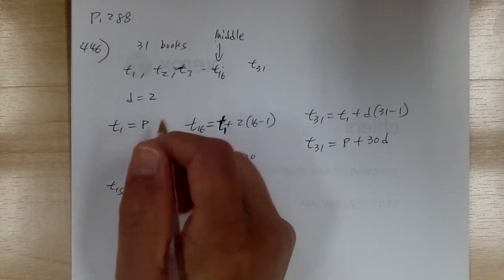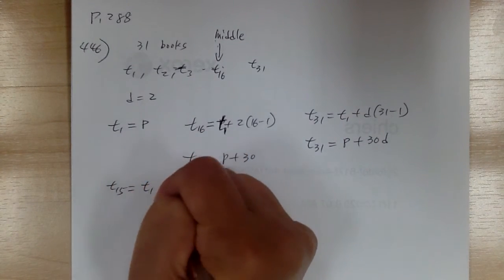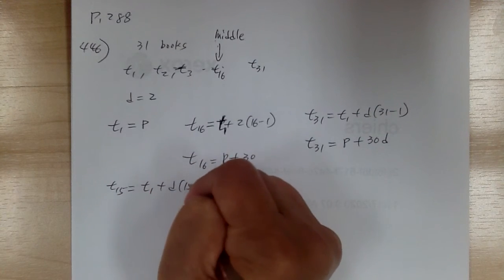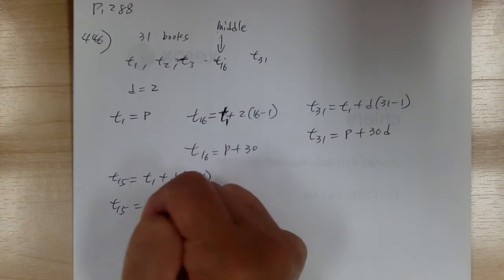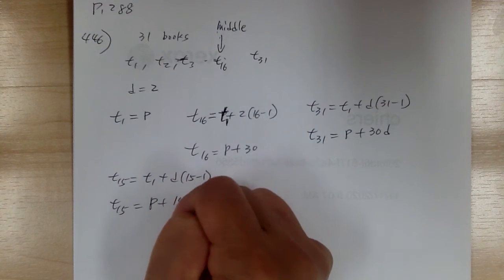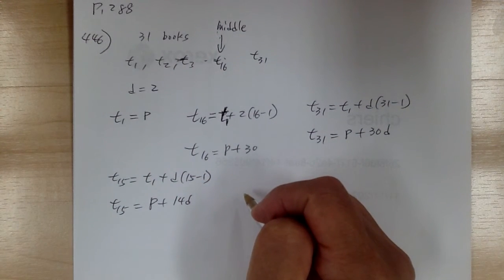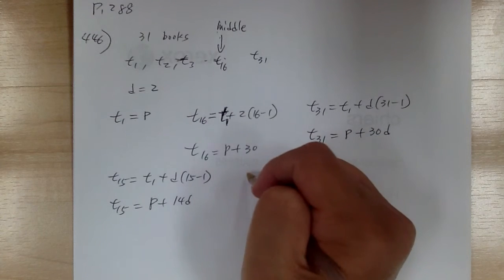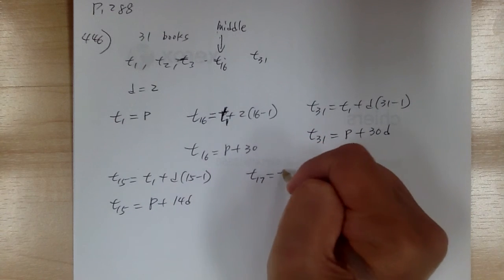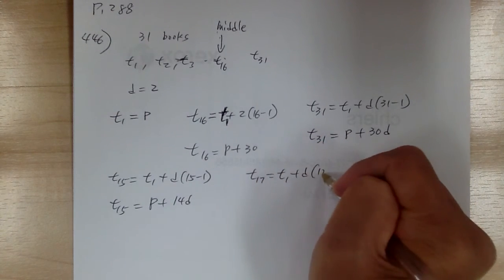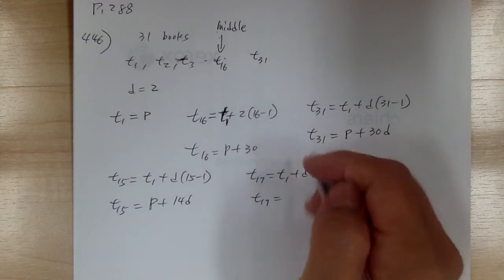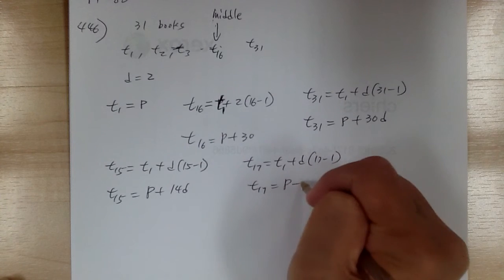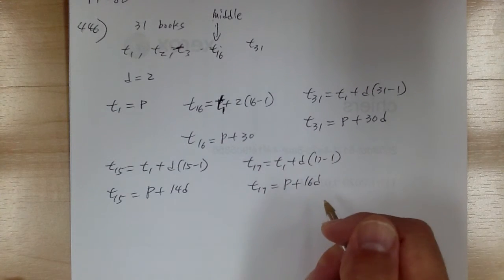T15 will equal T1 plus D times 15 minus 1, so T15 will equal P plus 14D. And then T17 will equal T1 plus D times 17 minus 1, so T17 will equal P plus 16D.